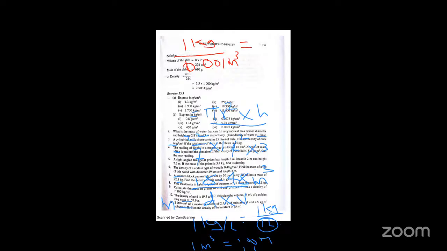When you divide that, you get 1,000 kg. So please come again, I haven't understood them.